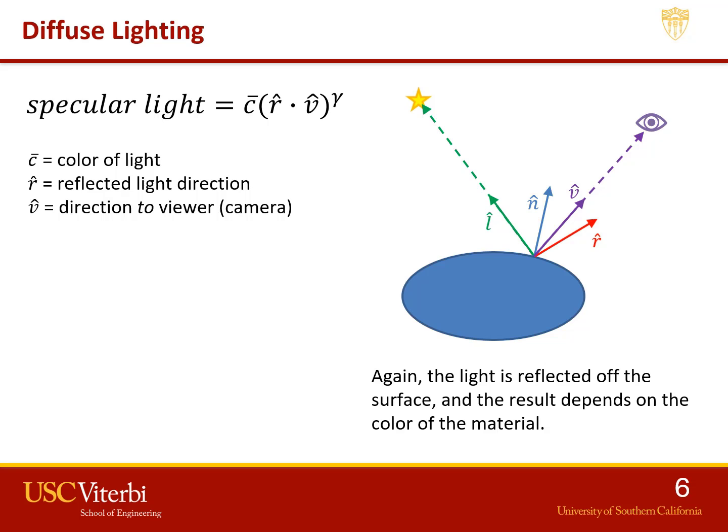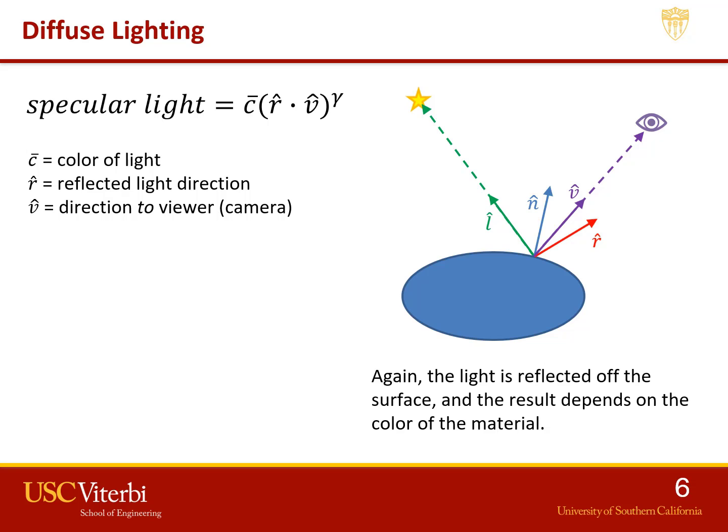We take that and then we raise it to a power. The greater the power, the sharper that highlight is going to be. So if we want a very specular, glossy surface, we will have a high gamma. We will have a very high power factor there.